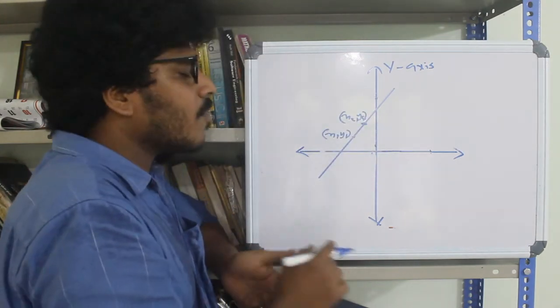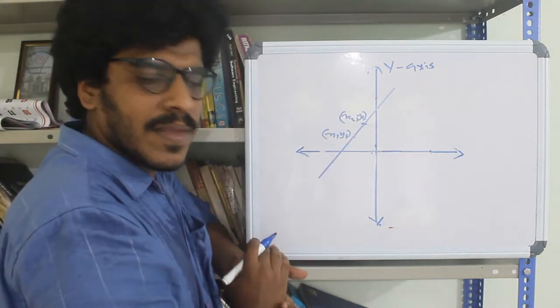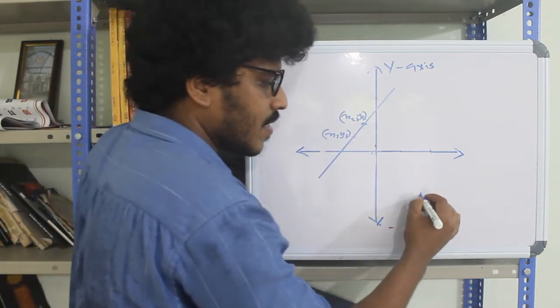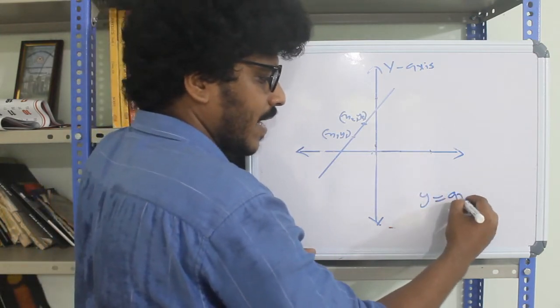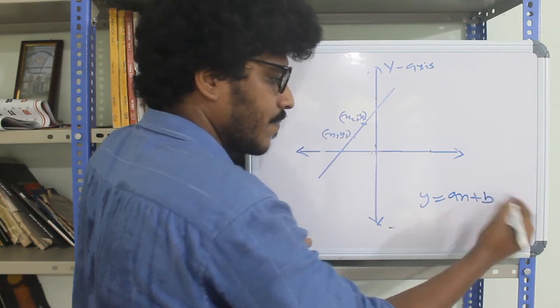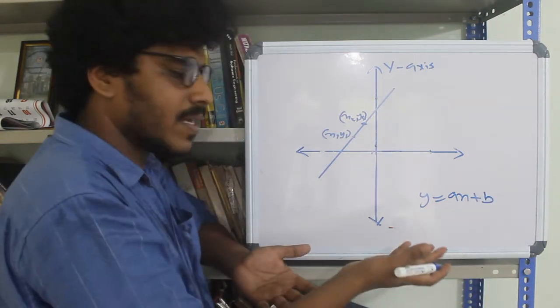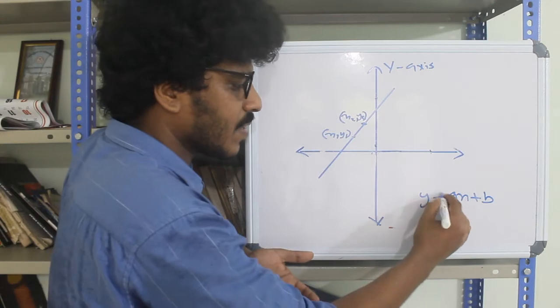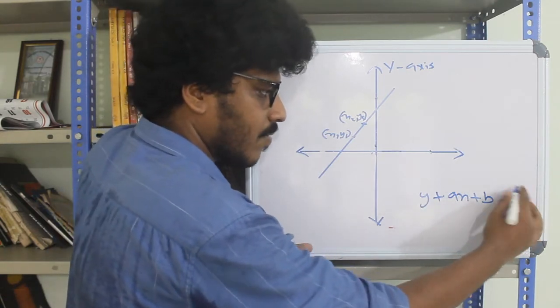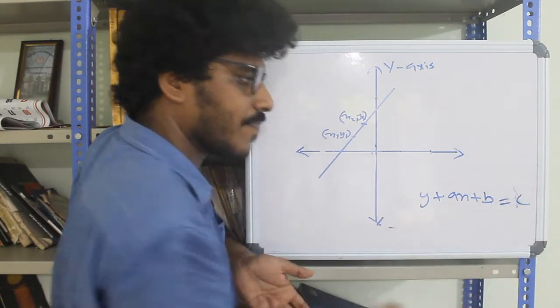What do we mean by this graph? Suppose we have an equation y equal to ax plus b, or y plus ax plus b equal to some constant, say c.